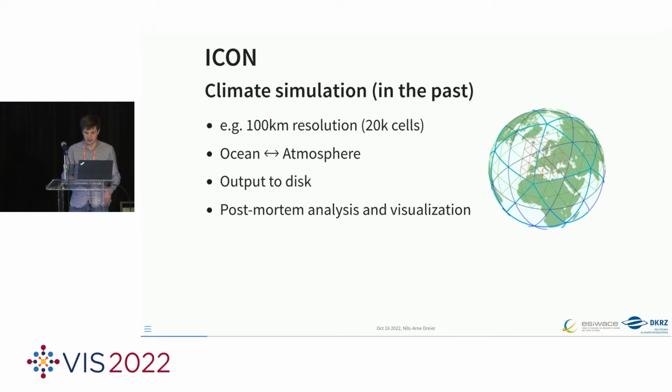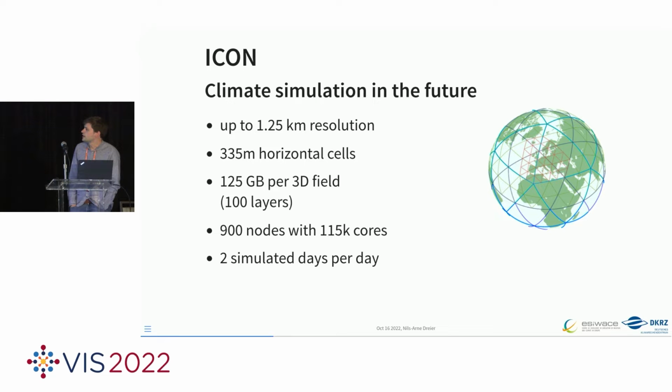Now, how does that look in the future? Currently the domain scientists are working on a setup that uses a 1.25 kilometer resolution for the horizontal grid. That leads to 335 million cells. And if you use 100 layers vertically, you would need 125 gigabytes for every 3D field that you want to store, and for every time step.